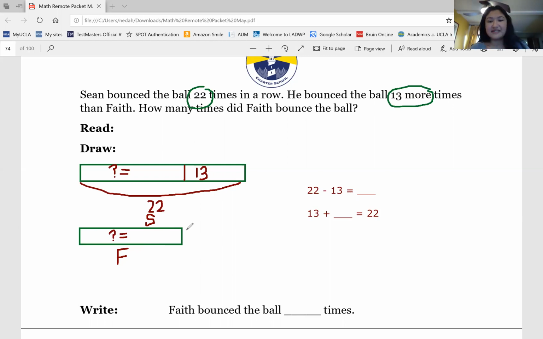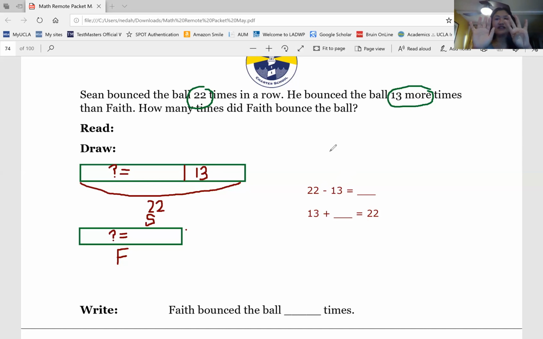Let's get back to our number sentences. So we know that Sean's total tape is equal to 22 times. We know that he has one part of 13. Let's grab 13 and count up to 22. Get ready, go. 13, 14, 15, 16, 17, 18, 19, 20, 21, 22.